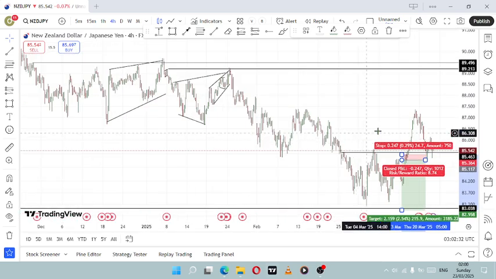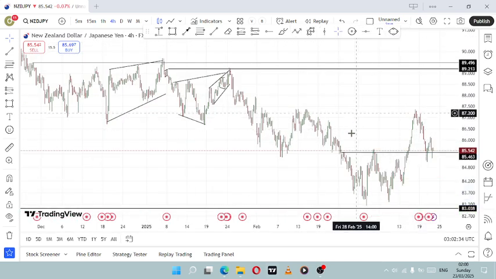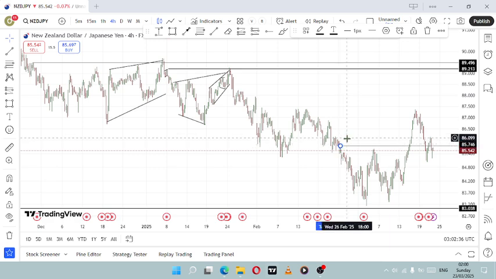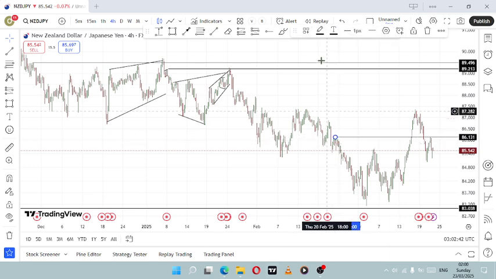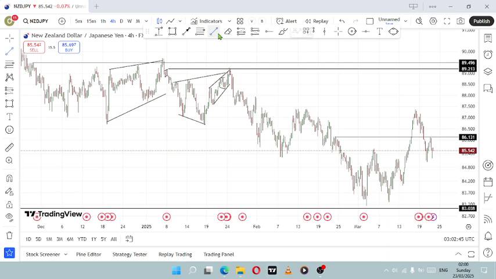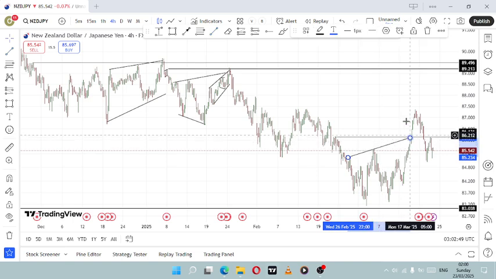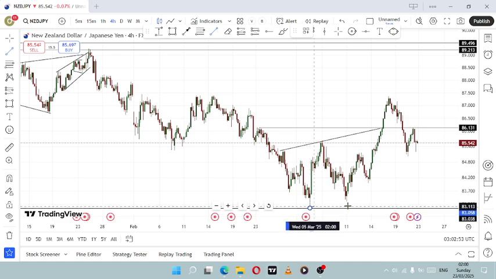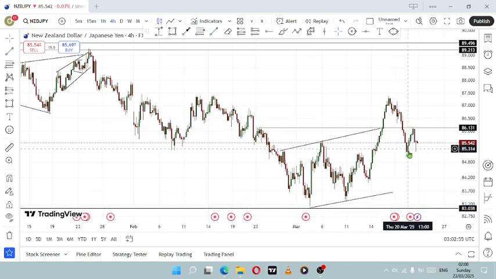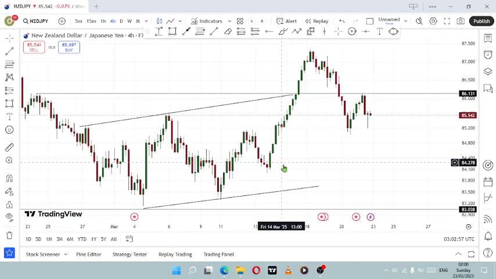We're looking for these 2 points. So this was the structure I was looking out for again, and it hasn't happened yet.